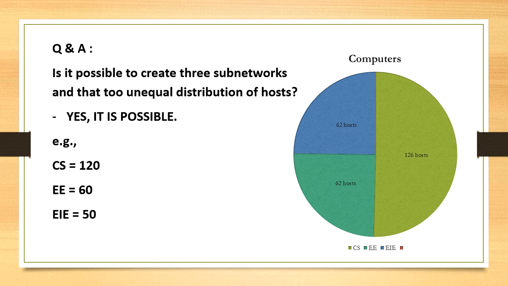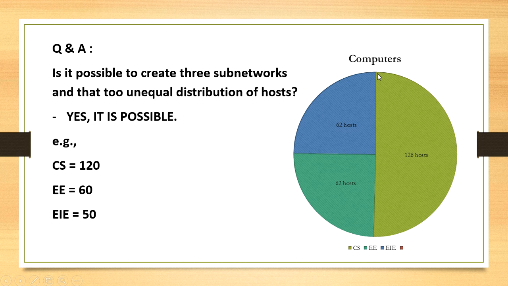So in case we want this unequal number of hosts, we can achieve it, and for that, first we will borrow one host bit as a network bit. So after borrowing one bit, we can divide this entire network into 128 and 128.